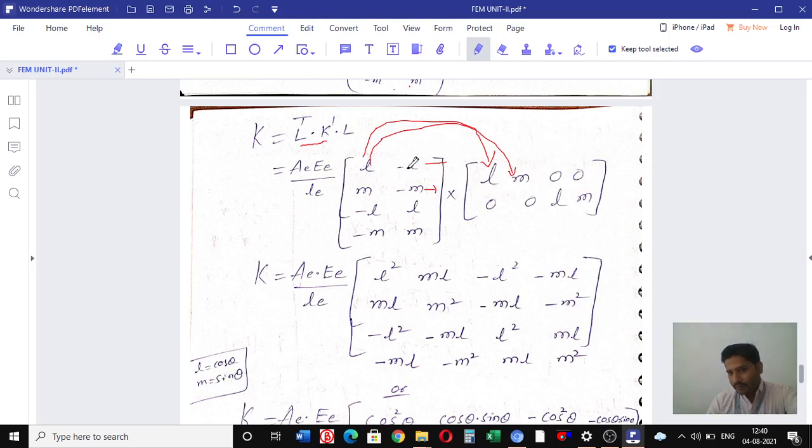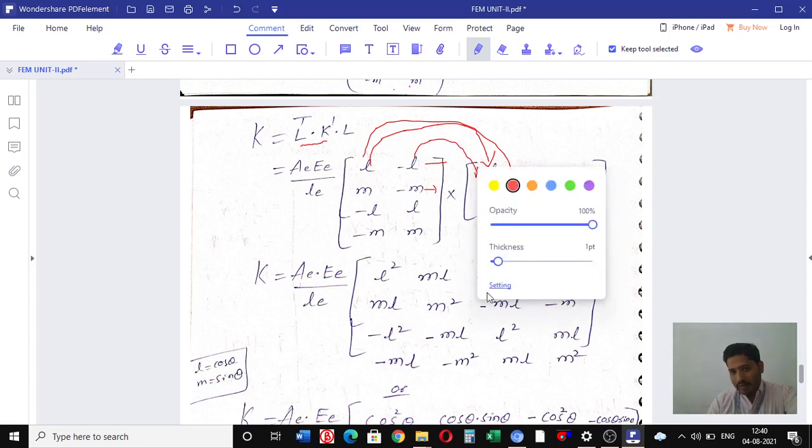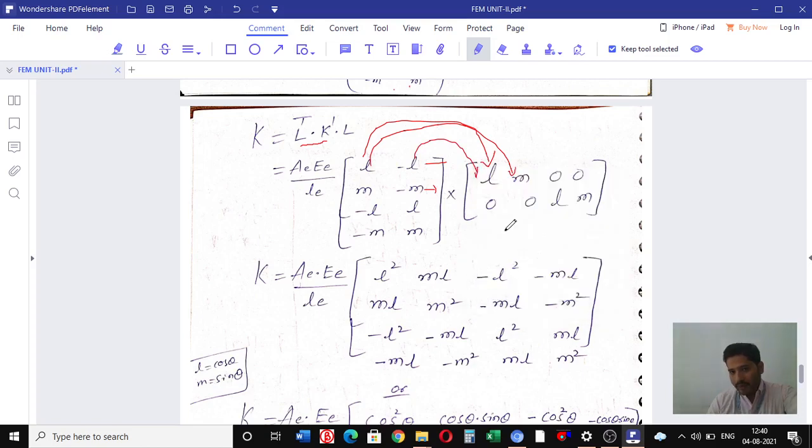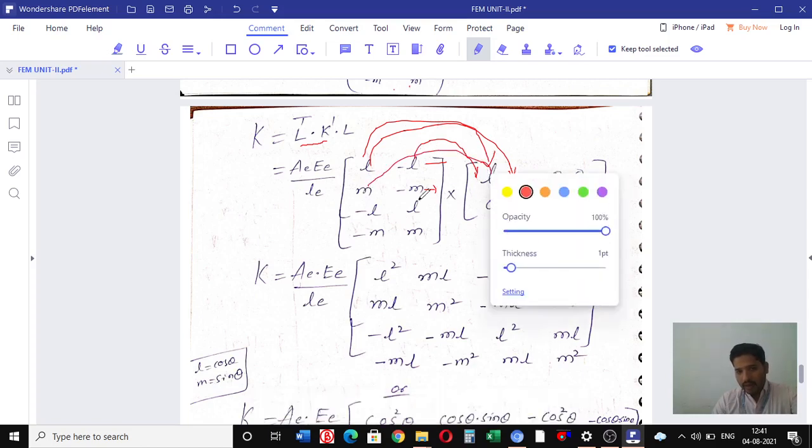Minus L into L, it will become minus L square. Again minus L into m, minus m into L. Clear here? I hope no one is having that doubt. Again come to here. We need to multiply this m into L, m L, and m into this L, m L.